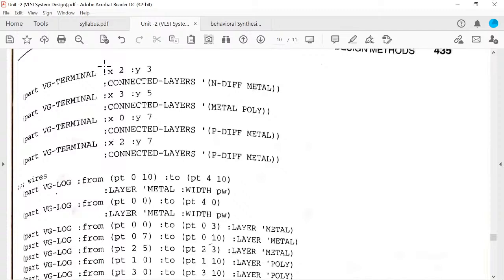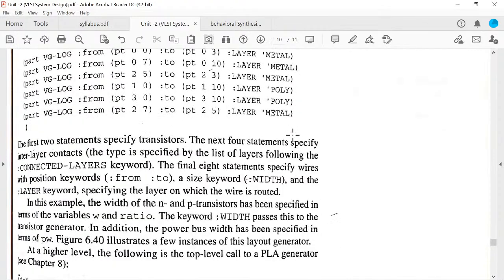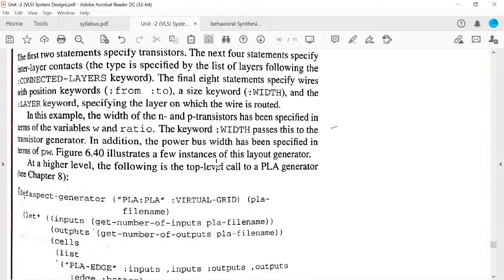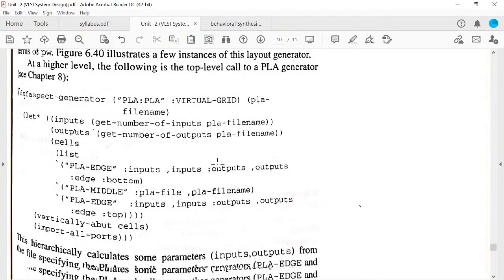Here you can see in this netlist example, every specification of metal and poly is given here. Here you can easily select the width of the poly layer, width of the metal layer, as well as the diffusion layer, height and width of the well, etc. You can decide in this layout level as well.